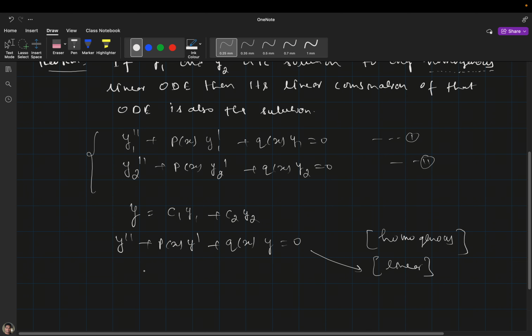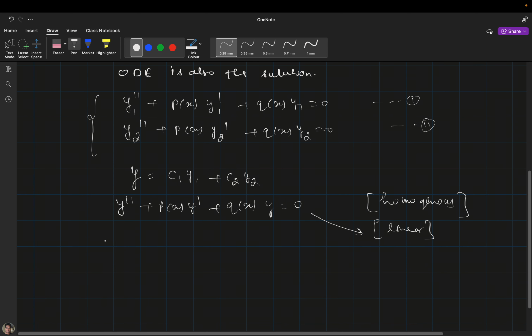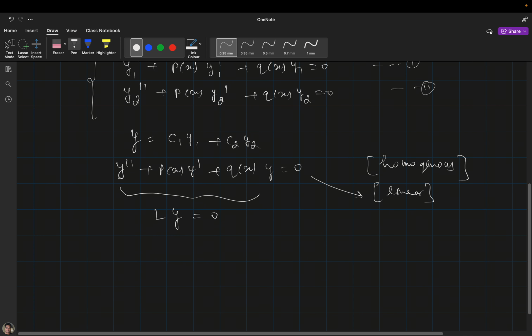Why linear? Because you can clearly see that you can write this differential equation in this form. I know that y double dash means the operator D squared y, and p of x y single dash means D to the power 1 y, plus q of x y equals 0.